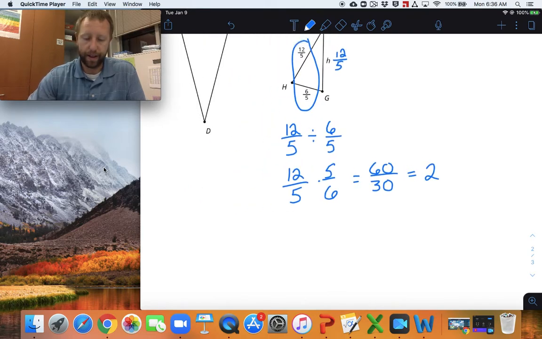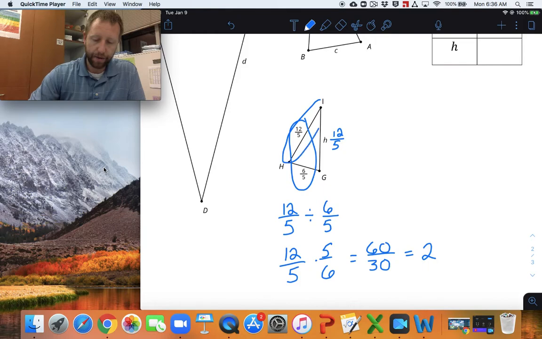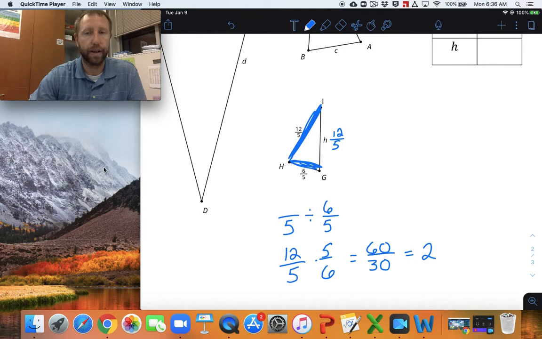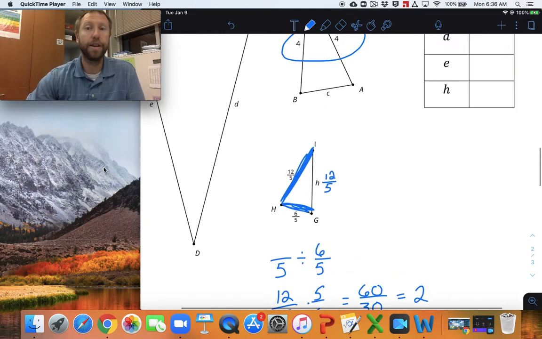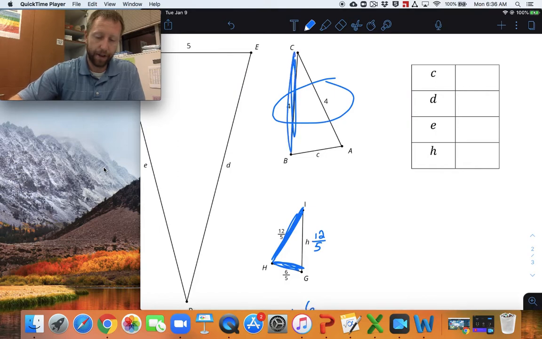So what's that telling us? That's telling us that this longer side of the triangle, let me erase this, this is starting to look kind of sloppy, this longer side of the triangle is twice as long as this shorter side. Okay, so now that I know that, this side of triangle ABC should be twice as long as this side. Well, what's half of 4?